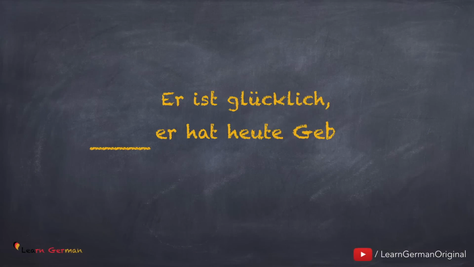And here's the third one. Er ist glücklich, denn er hat heute Geburtstag. In this case, you have a reason why he is happy. That's why you would use the conjunction denn.